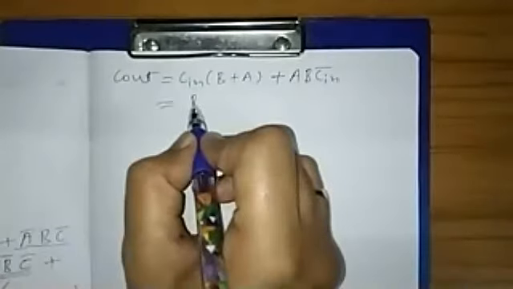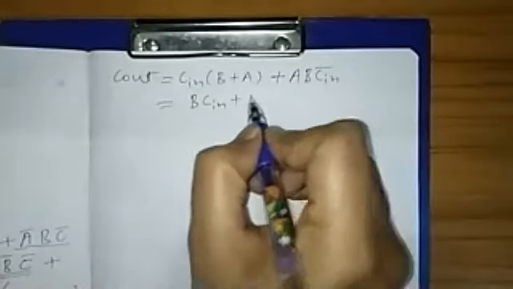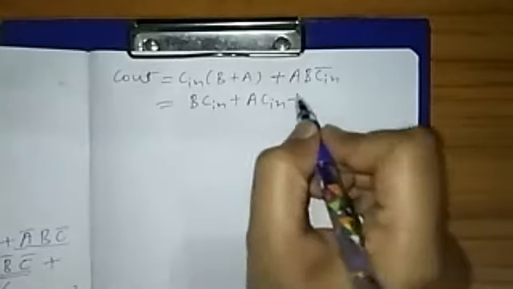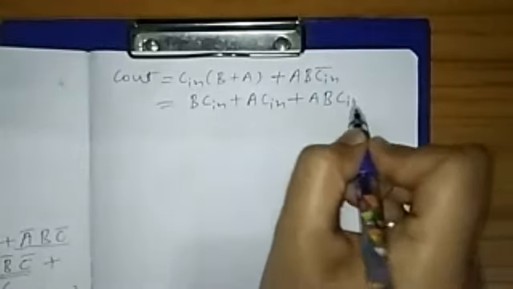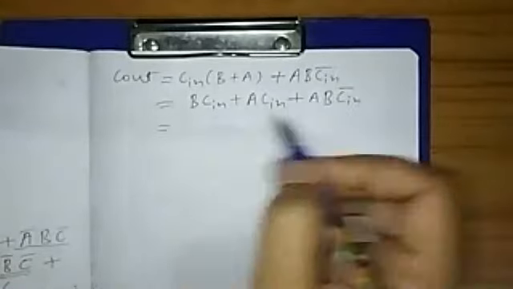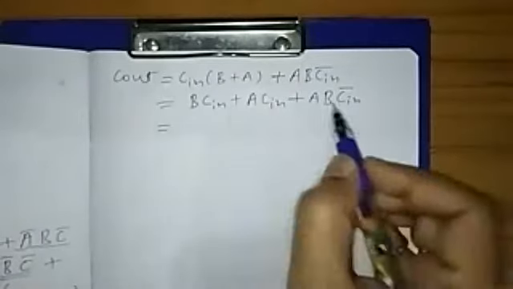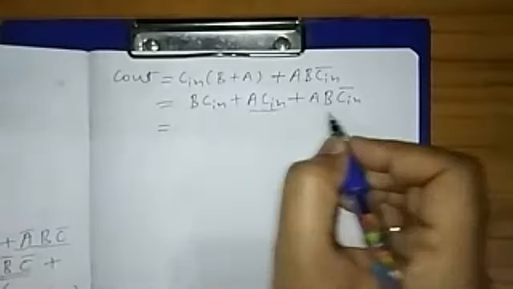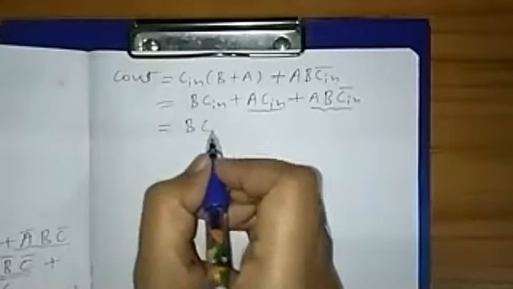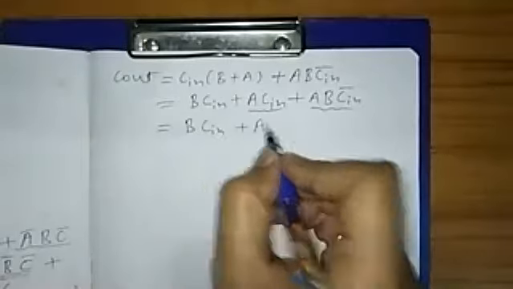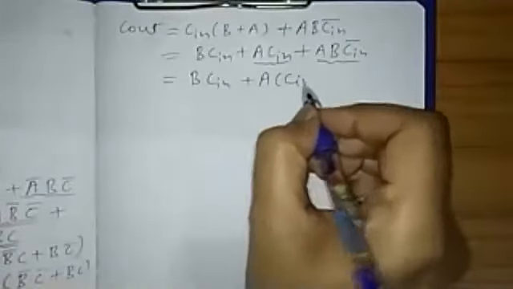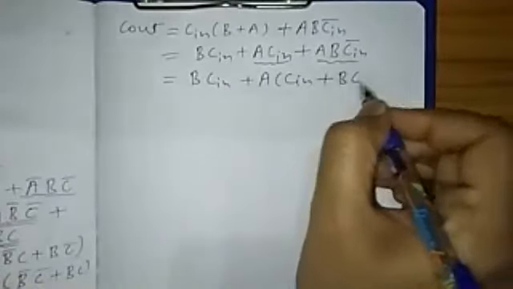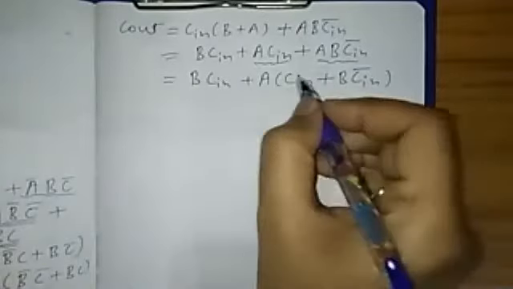Now this will be B Cin plus A Cin plus A B Cin bar. In this I can take A common. These two terms I can take A common. Therefore B Cin I will keep as it is. A I will take common into bracket Cin plus B Cin whole bar.